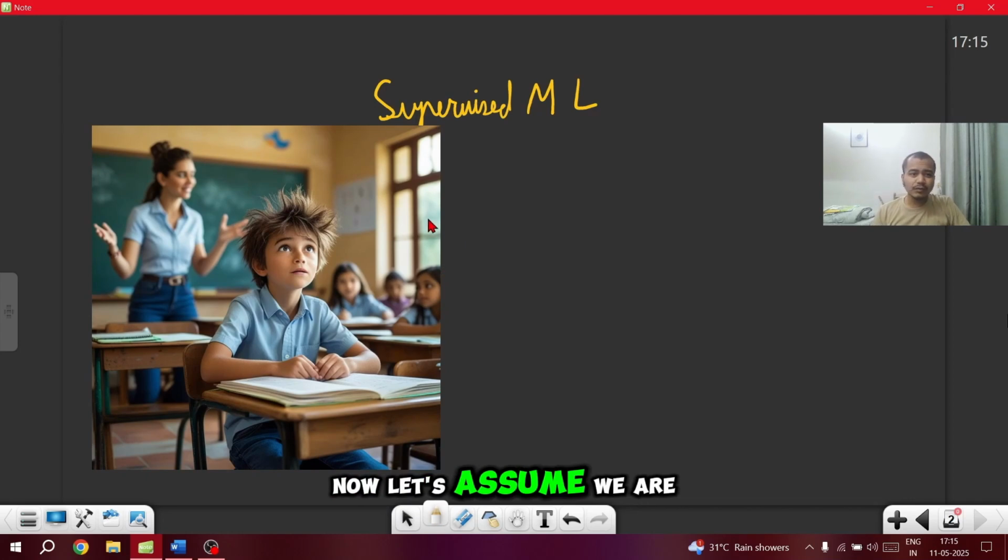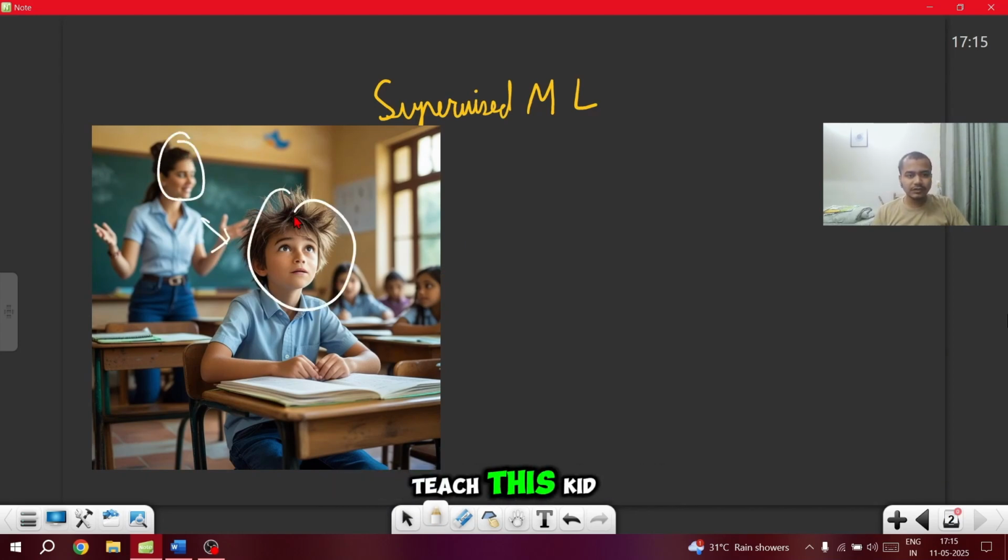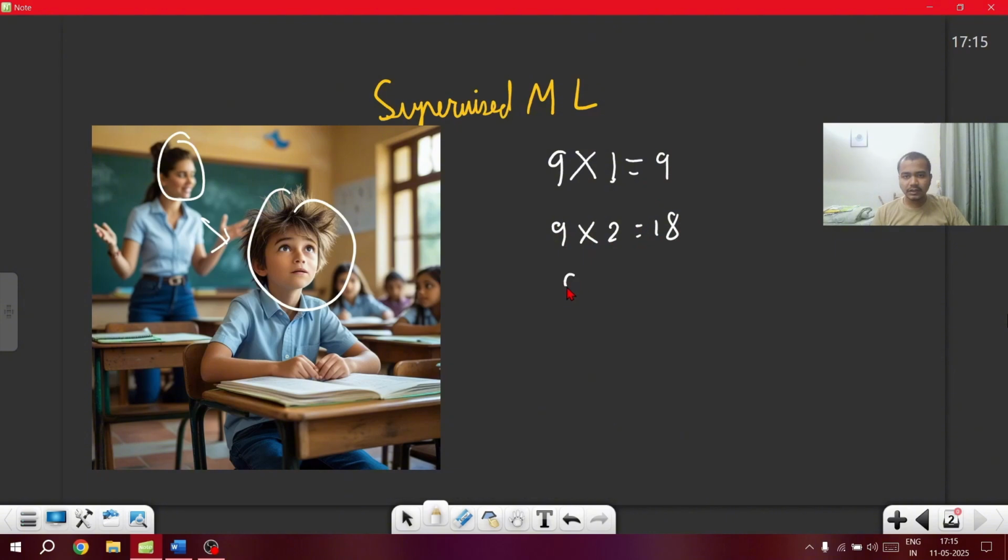Now let's assume we are at a school and this teacher wants to teach this kid the table of 9. So she will start by telling 9 ones are 9, 9 twos are 18, 9 threes are 27, and this goes on.